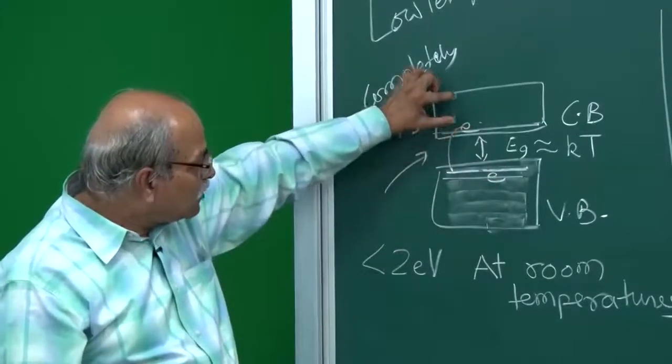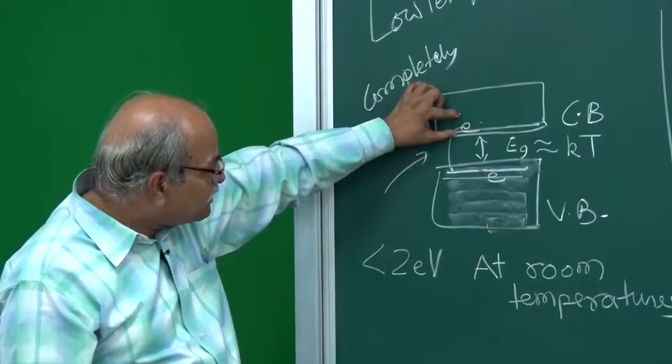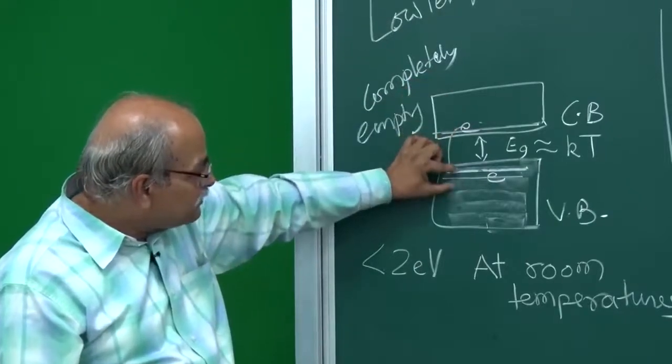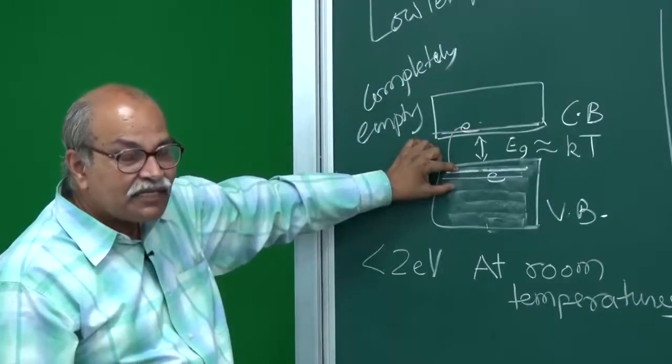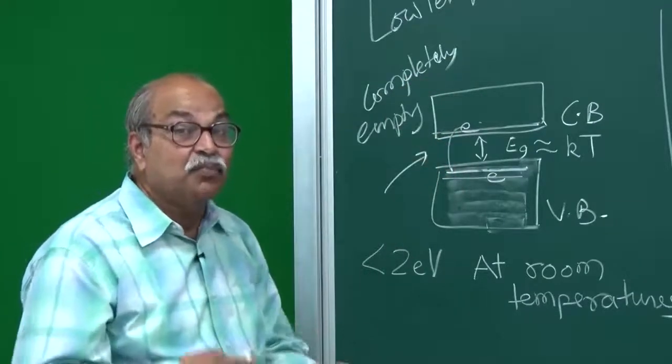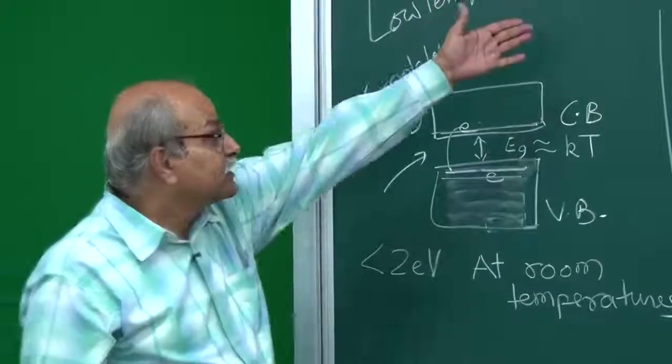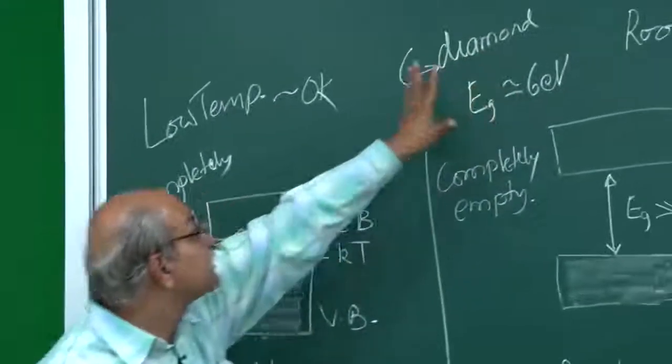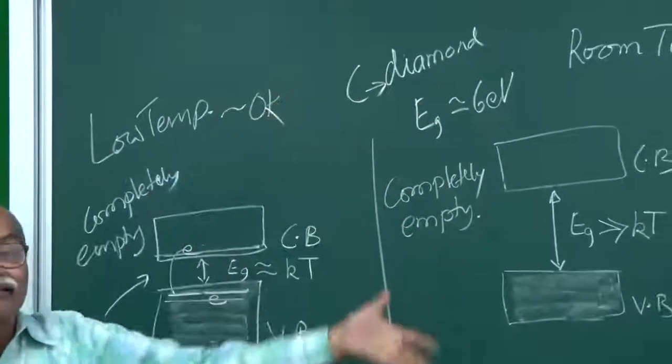So, because of these electrons in the conduction band and because of these empty states in the valence band, both ways some electric conduction is possible if you apply this electric field, if you connect that system to a battery.